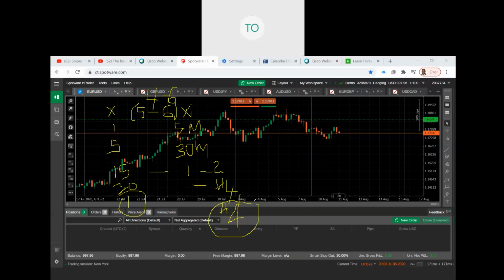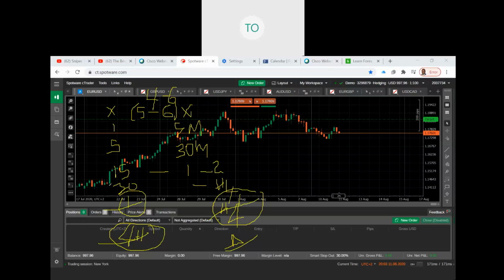However, the more popular ones that people use mostly are the 4 hour, which means they use the daily for their planning. So 4 hour for trading, daily for planning, 1 hour for trading, 4 hours for planning.